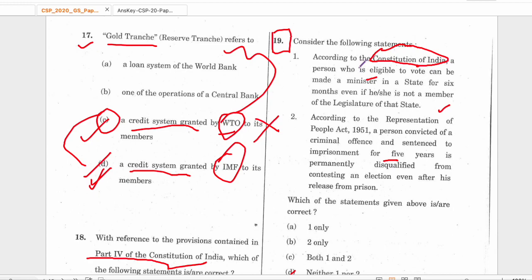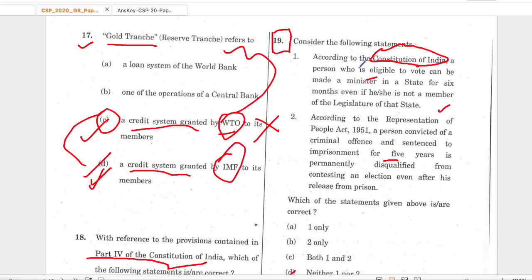Now remember, they are referring to the Constitution of India, and such detailed explanation is not given in the Constitution, and that is why the Representation of the People Act 1951 was enacted, and then 1952 also. So twice the RPA was enacted. In the first, much more detail was not given, then in the second, more details were given. So this first statement is absolutely wrong.